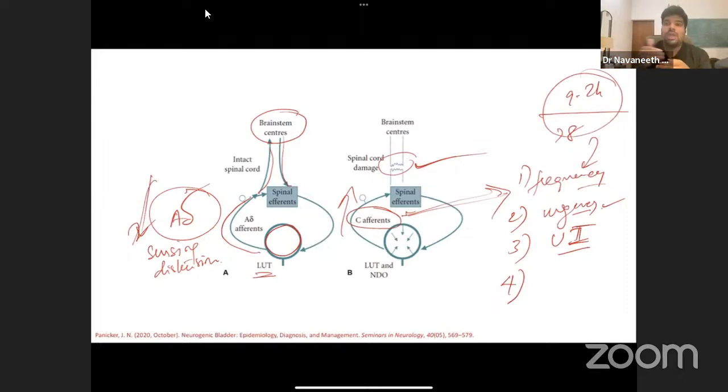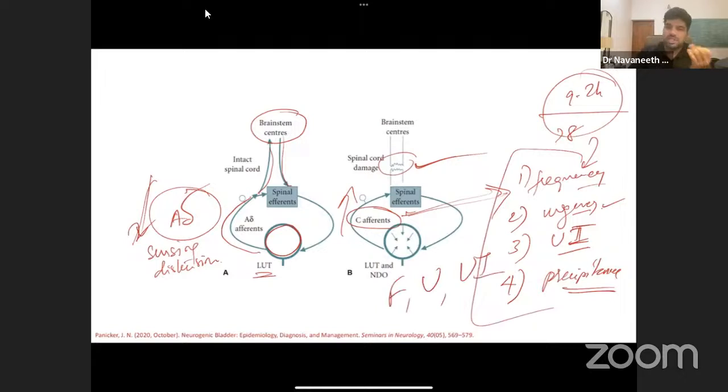Urgency without any period of gap before the incontinence happens is called precipitancy. Precipitancy is basically precipitating very fast. So it's a very severe form of urgency. So all these: frequency, urgency, urge incontinence, and precipitancy.